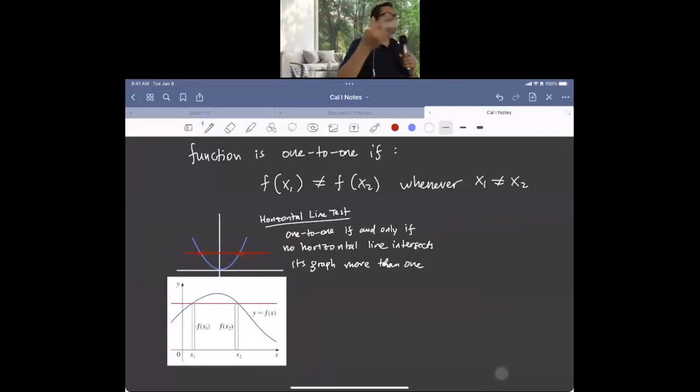So now you have more ability to see the functions. For example, trigonometry. We have sine, cosine. That always looks the same, right? And if we draw the horizontal line, it's going to intersect more than once, of course, right? So we know that it's not one to one.